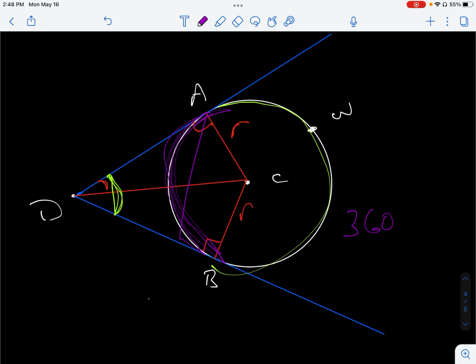Because 360 minus arc AB is going to equal arc AWB.